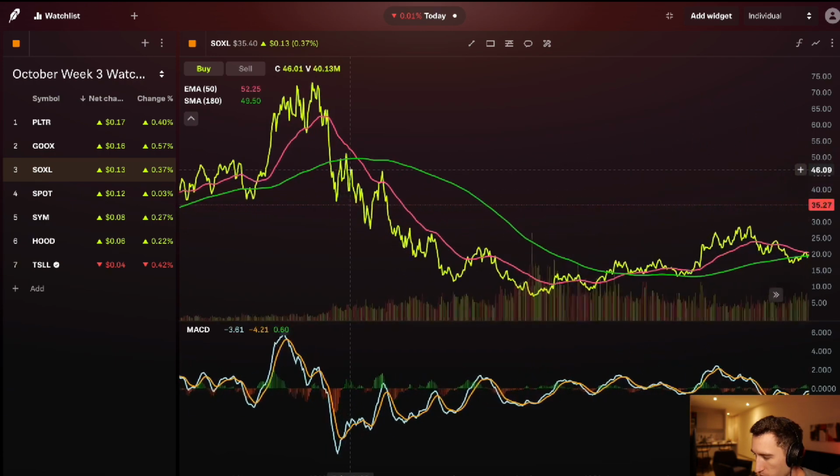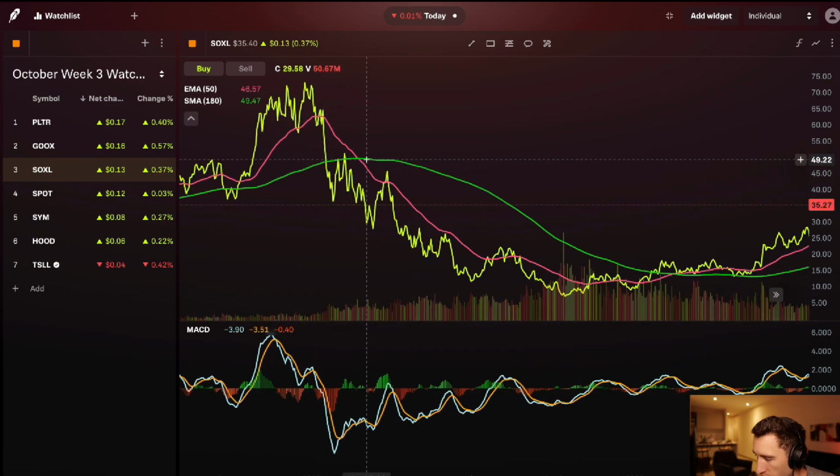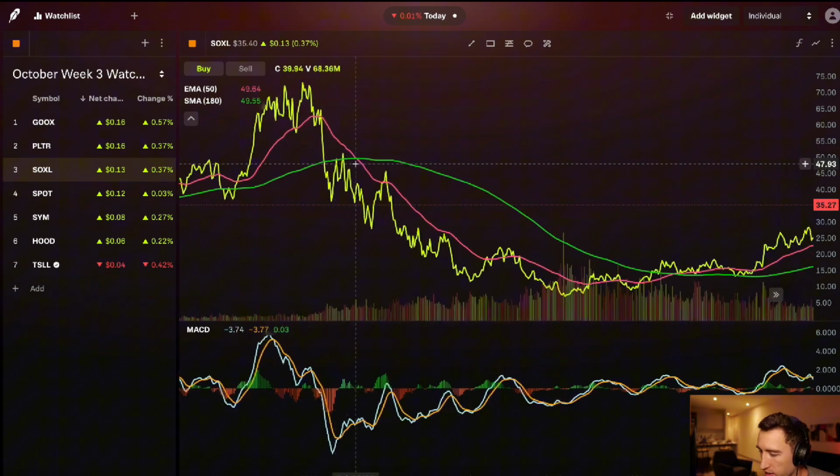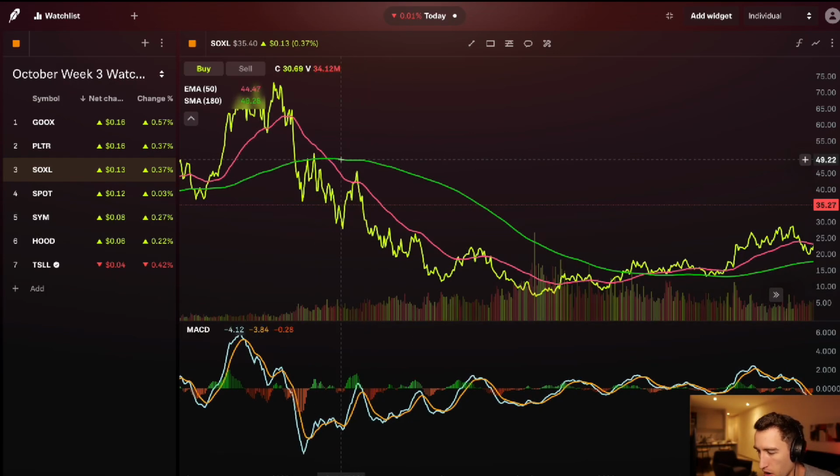And if you were only relying on the MACD at this point, you may think that this is underbought and it's going to continue up right here. But what we saw is it actually continued down more because you can see the stock crossed over that 180-day SMA. Is it because of the indicator? No, but the indicator can give us a good indication that the overall direction is changing.